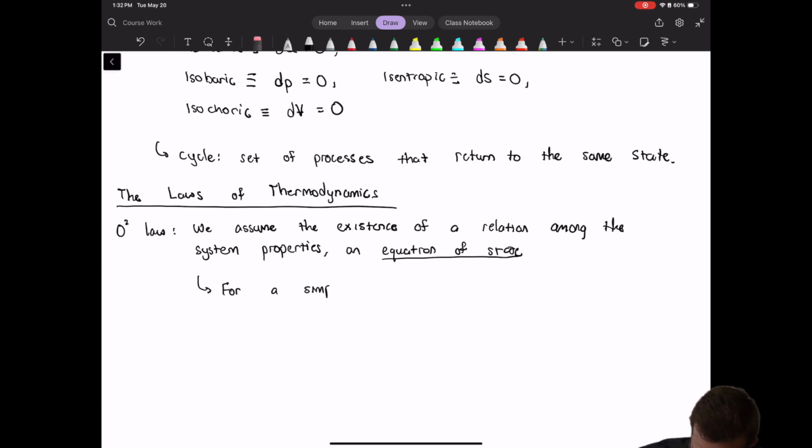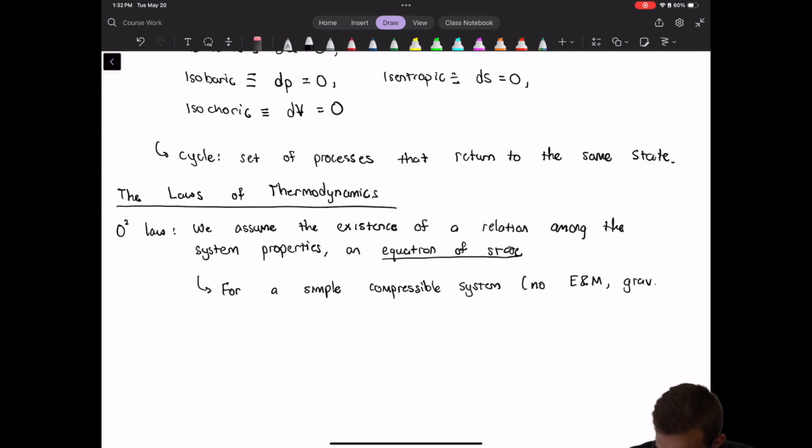So for a simple compressible system, which is something where you have no electricity and magnetism, no E and M, no major gravitational potential gradients, no kinematic or surface tension effects.